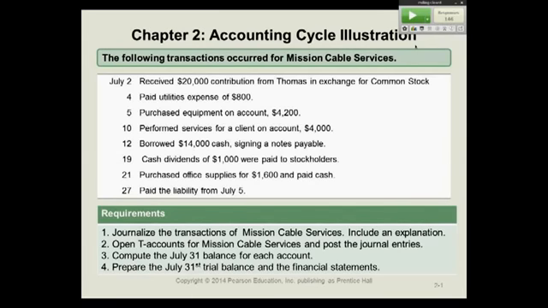Now during office hours, there were questions about posting. If there was a posting reference here, I would put the account number next to the journal. So if there was a posting reference, let's say cash is account 101 and common stock is account 450 or 500, let's say. Okay?